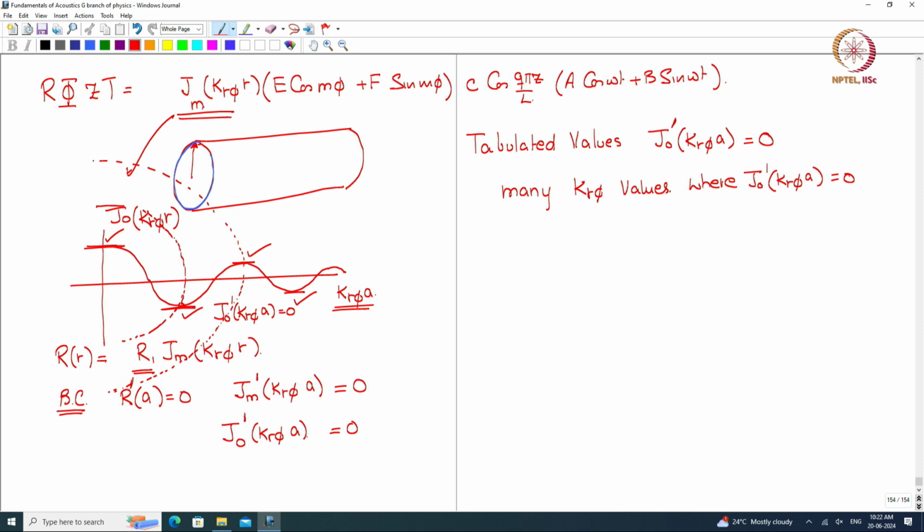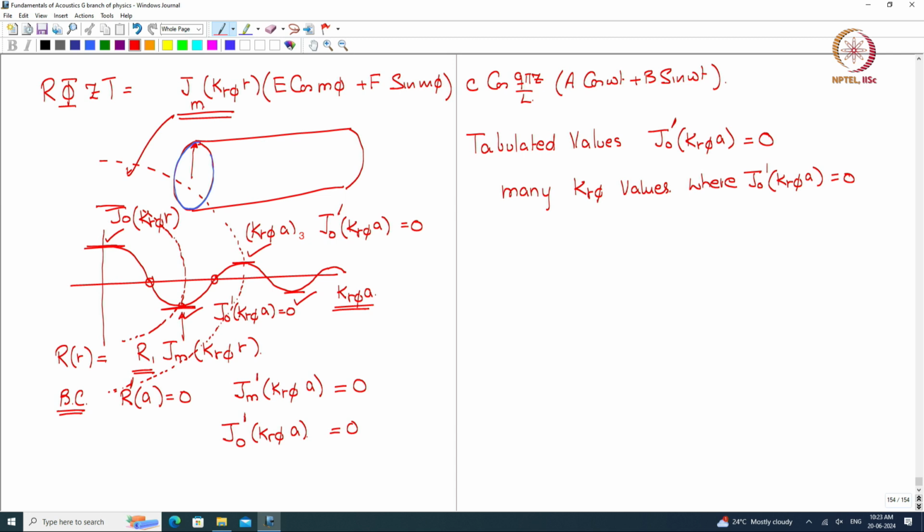So the function goes through a 0, the function goes through a maximum, the function goes through a 0, and the function goes to the next maximum K r phi A, the second, where J0 dash K r phi A is 0. Okay.